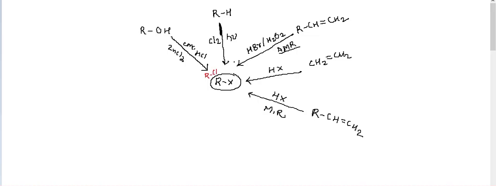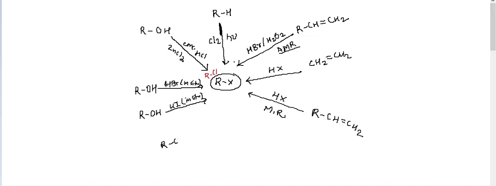Now we can prepare RBr from ROH. If we use HBr, we can prepare it in situ and we will end up with RBr. Similarly, we can prepare RI by using HI, and HI is prepared in situ.